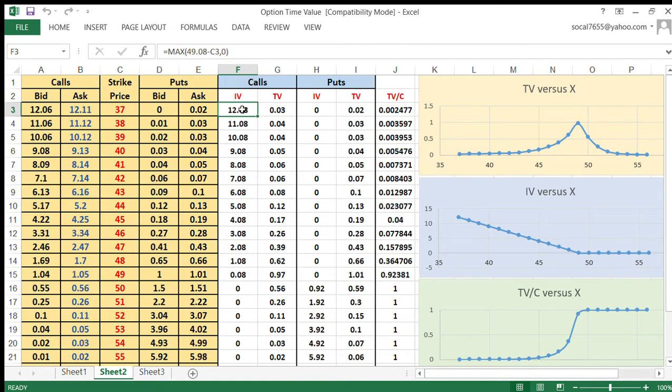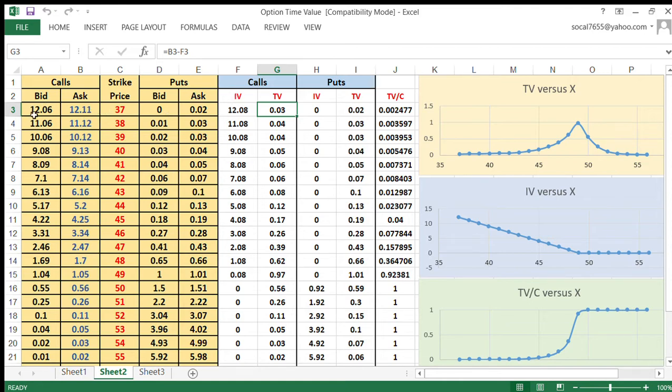And that's bigger than zero, so that's the intrinsic value. And then time value would be what's left over. Time value is going to be the call price minus intrinsic value, and since we're just using the ask price, we're assuming that's the actual market price of the call.